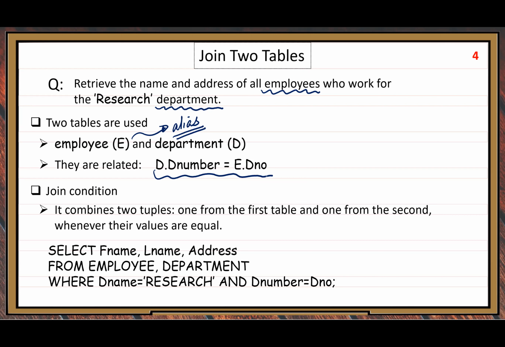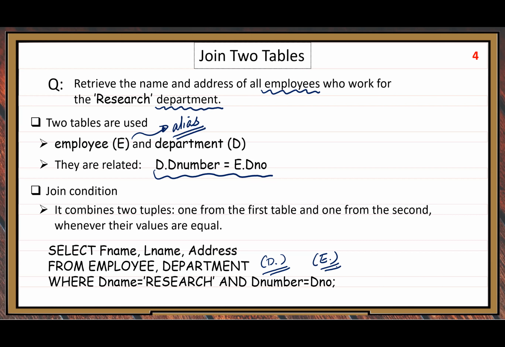Look at here. Here we do not use the alias. We do not use that D dot thing, and we do not use that E dot thing. The reason is simple, because they have different names. D number only appears once in the whole tuple, so there is no confusion.